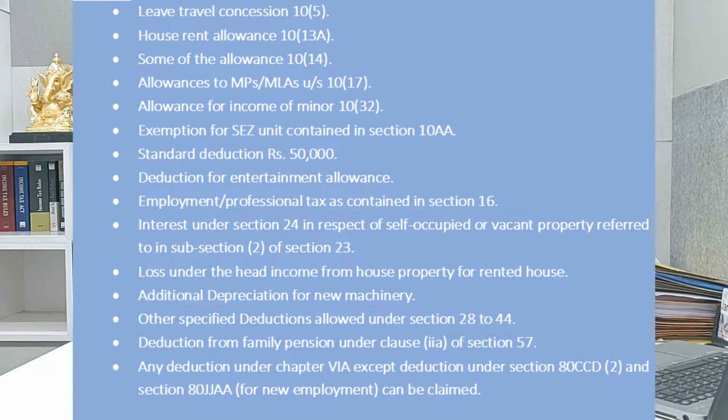Deductions under the head profits and gains from business or profession like 32AD, 33AB, 33ABA, 35AD, section 35CCC, various deductions for donation or expenditure on scientific research, deductions for family pension under clause 2A of section 57, any other deduction under chapter VIA except deduction under sub-section 2 of section 80CCD and section 80JJAA for new employees employed by any business entity, which is allowable for 30% of their salary for 3 consecutive assessment years.